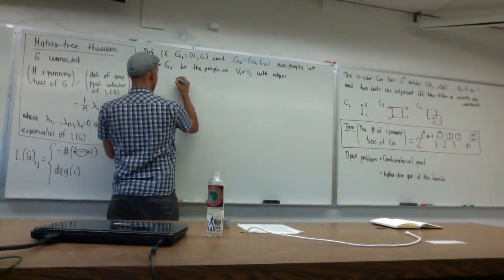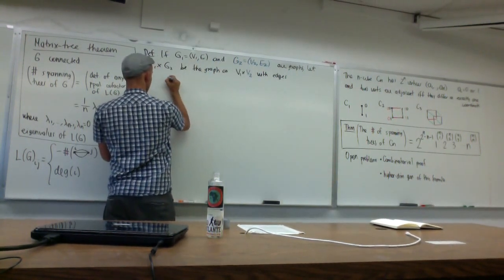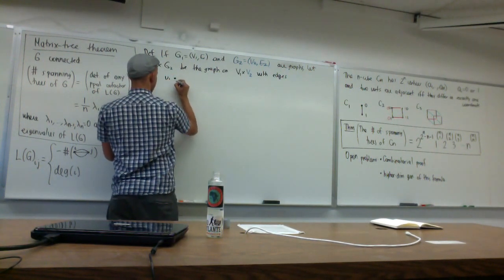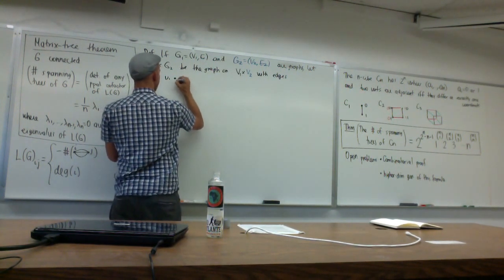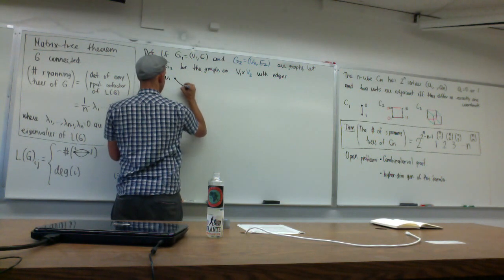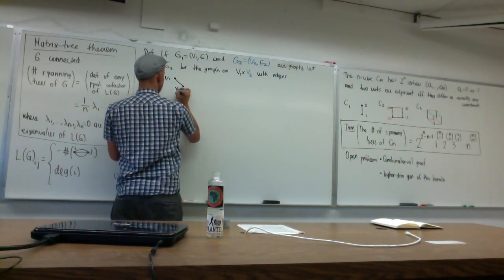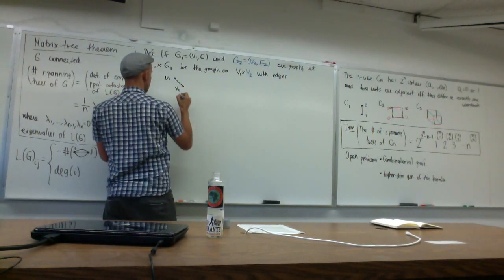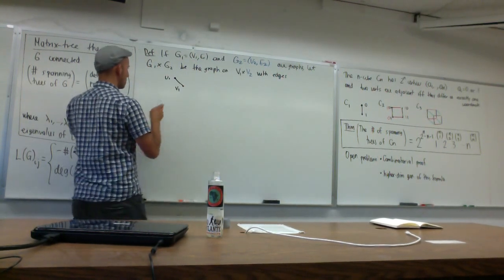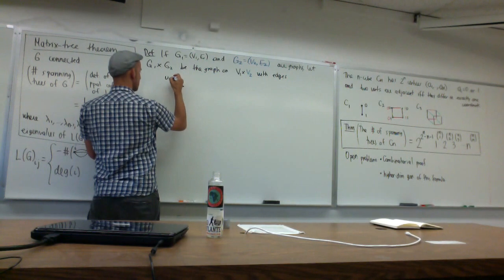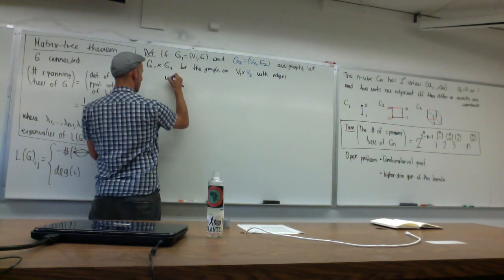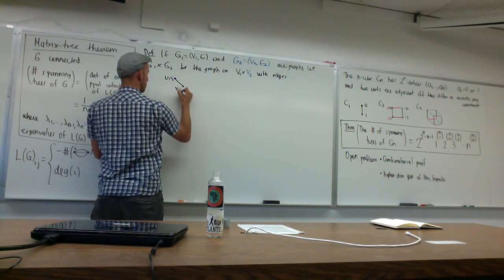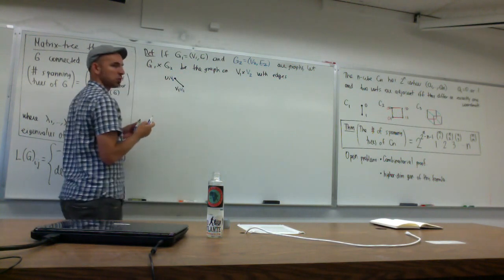So whenever I have a black edge from, let's say, U1 to B1, then that's going to give me an edge from U1, B2 to B1, B2.